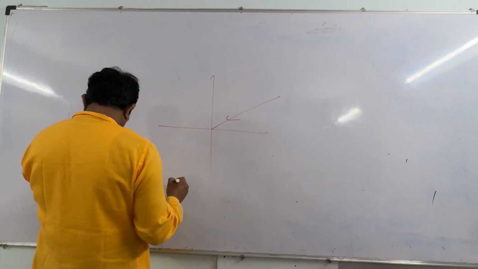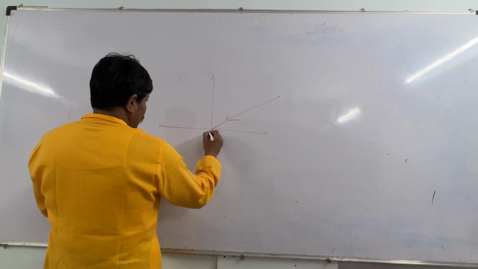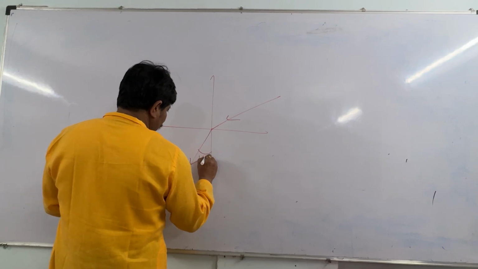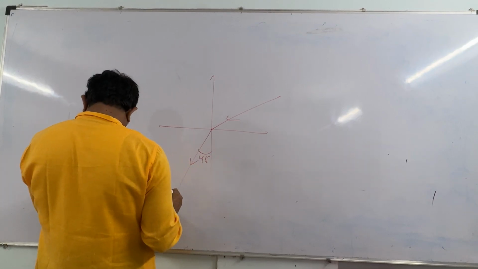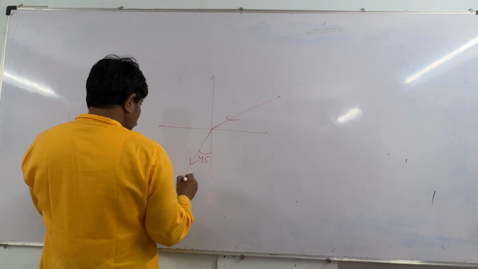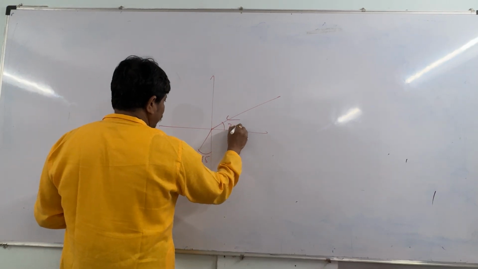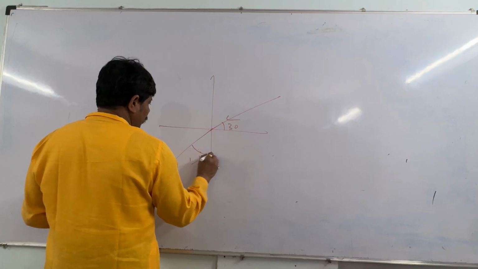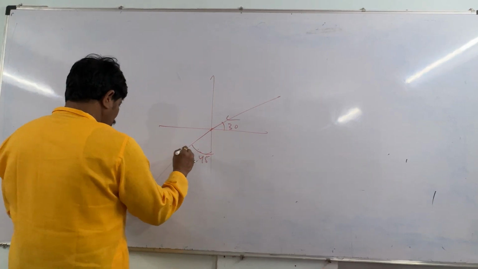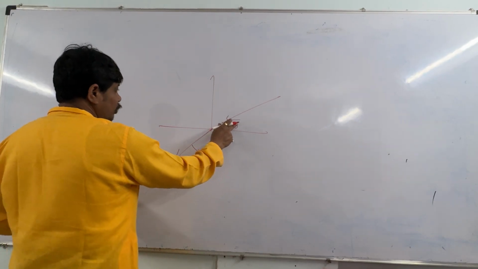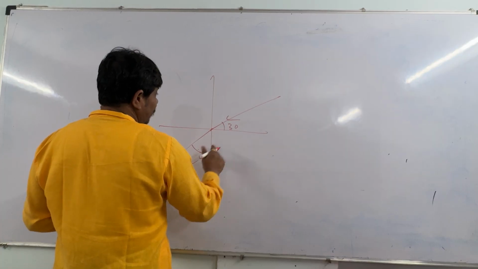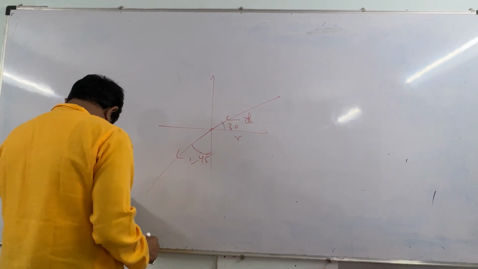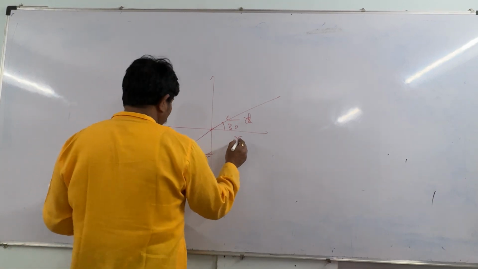this is the incident ray, this is the refracted ray, this is the angle of 45 degree, this is the angle of 30 degree. I made a mistake, it will be 45 degree. So if this angle is small and this angle is big, this is the denser medium and this is the rare medium.